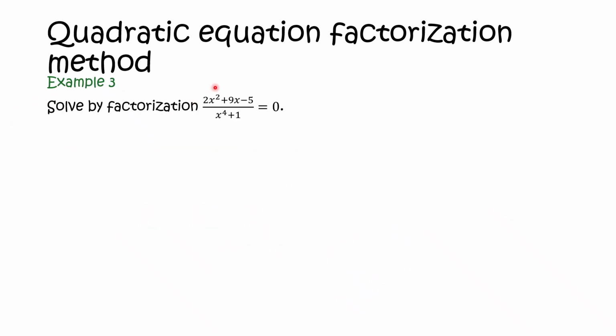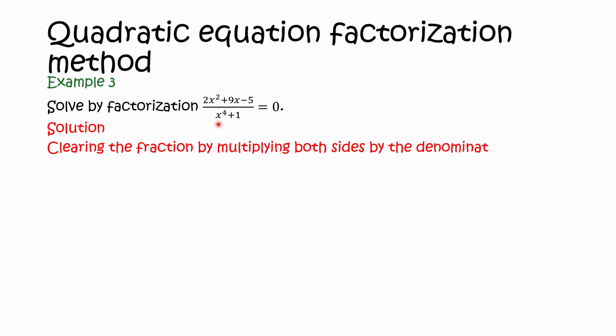So we are going to solve by factorization. 2x squared plus 9x minus 5 divided by x to the power 4 plus 1 is equal to 0. The solution then. We need to clear the fraction by multiplying both sides by the denominator. So the denominator is x to the power 4 plus 1.